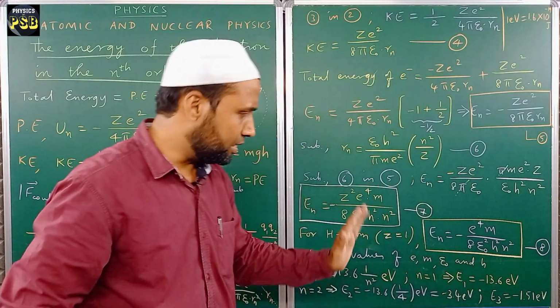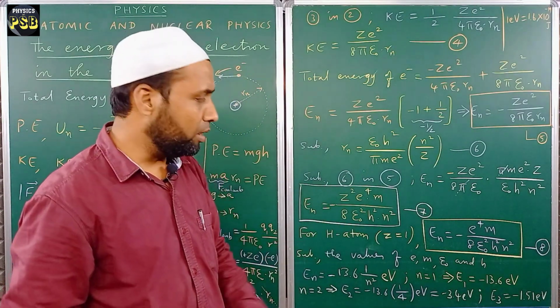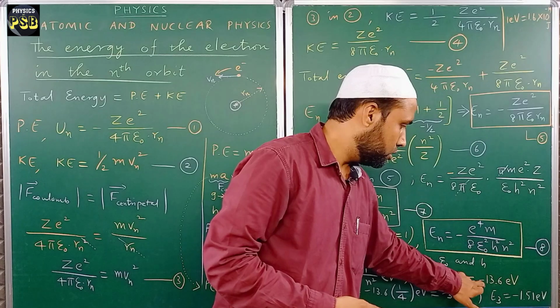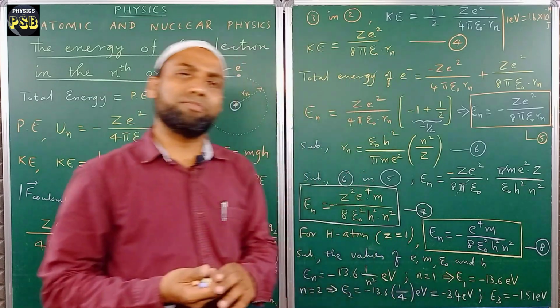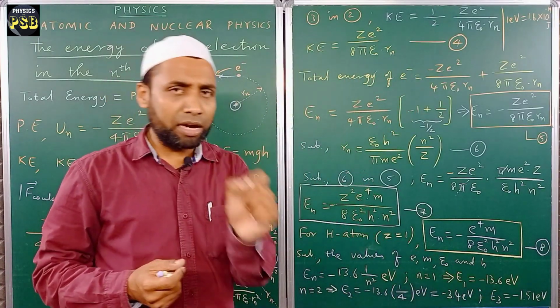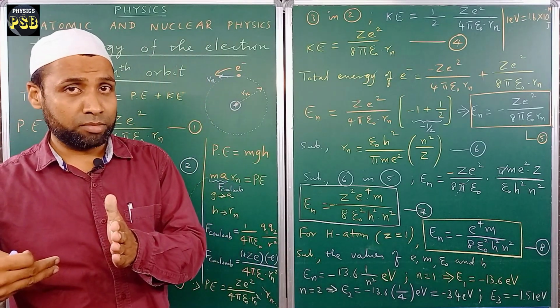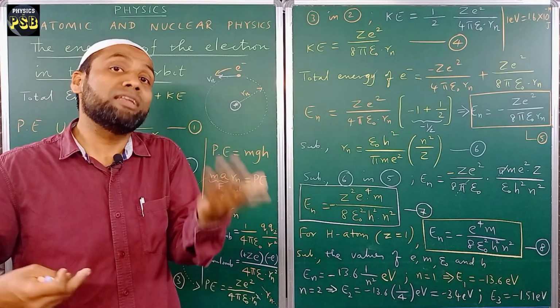Number-wise it seems to be reducing, but beside the number we have a negative sign. If we have a number with a negative sign, as we reduce the number, the value is increasing.